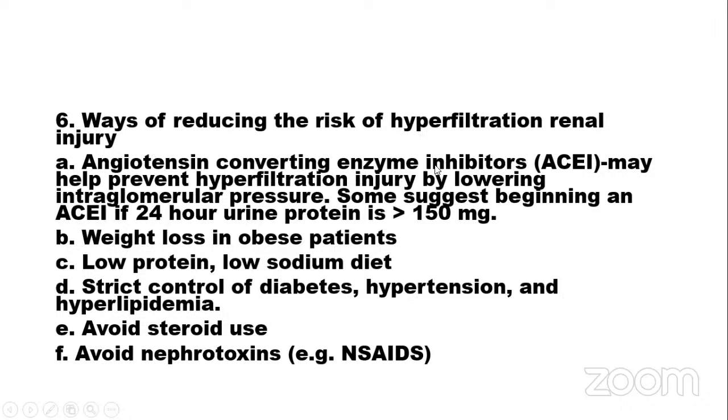Ways of reducing the risk: angiotensin converting enzyme inhibitors may help prevent hyperfiltration injury by lowering intraglomerular pressure. Some suggest beginning an ACE inhibitor if 24-hour urine protein is more than 150 milligrams.